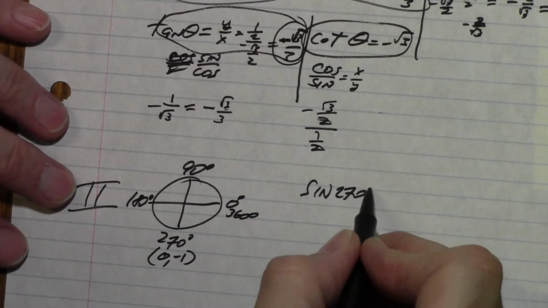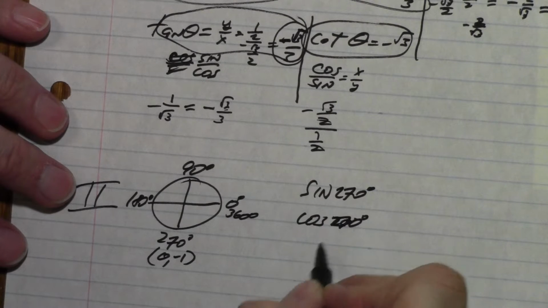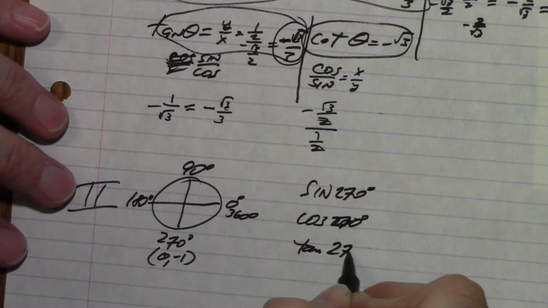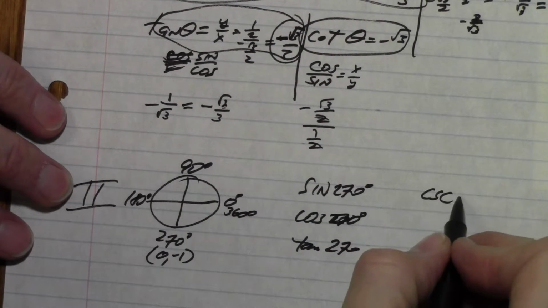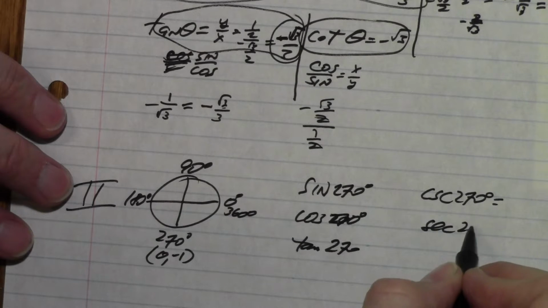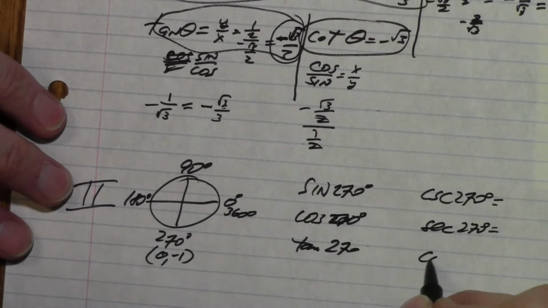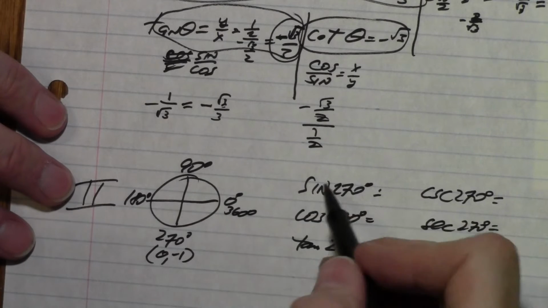Sine of 270, cosine of 270, tangent of 270, and then we'll do the cosecant of 270, the secant of 270, and the cotangent of 270 degrees. Alright, well, these first two are easy.